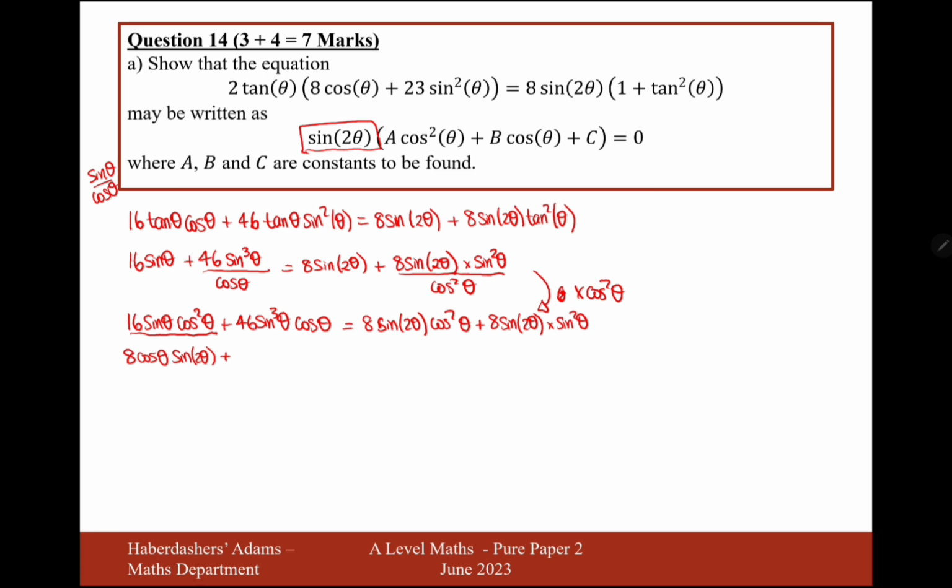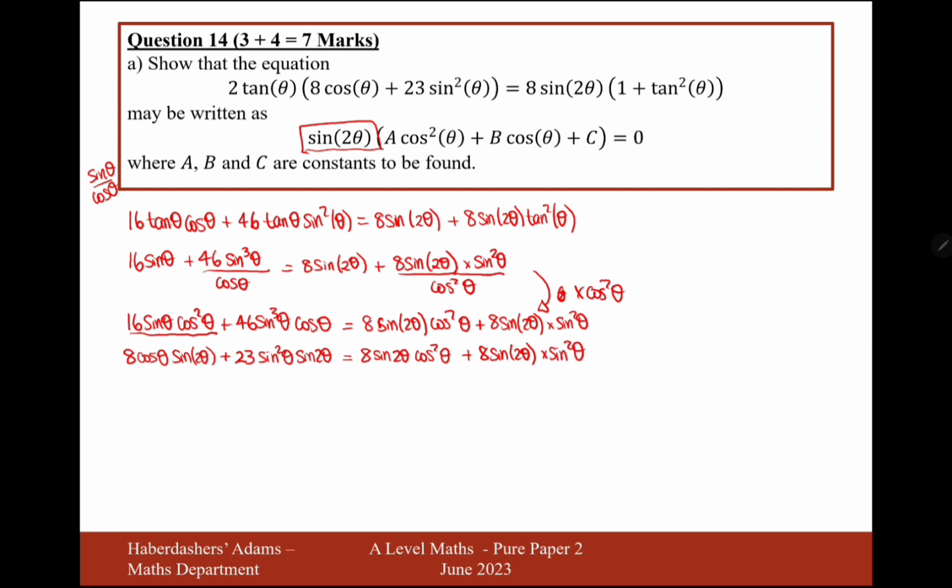I'm going to do something very similar with a sine theta, a cos theta, and a 2 here to leave me with 23 sine squared theta sine 2 theta equals, and I've already got the sine 2 theta in this one, so 8 sine 2 theta times sine squared.